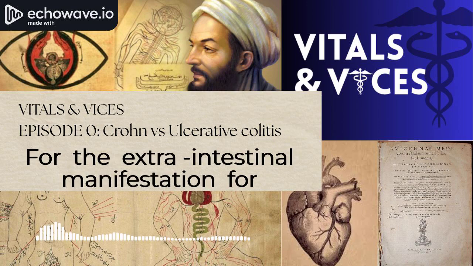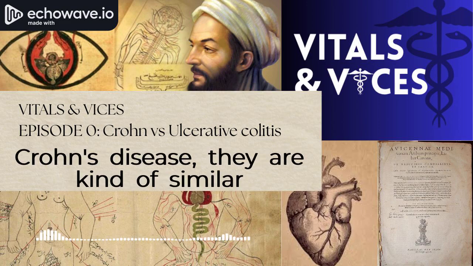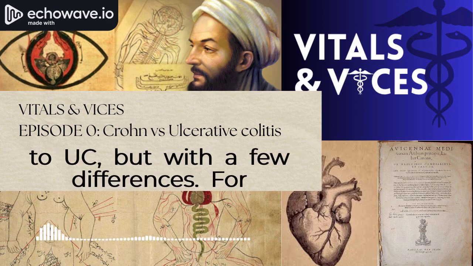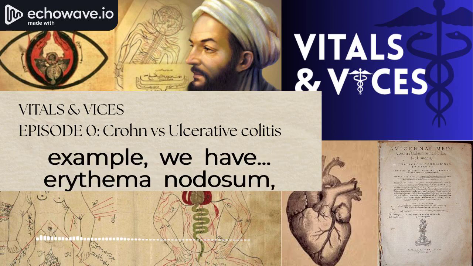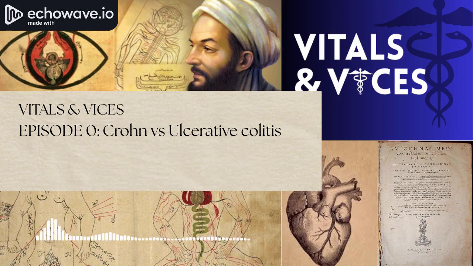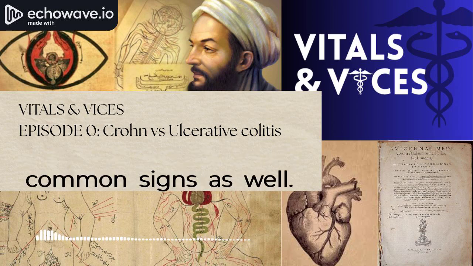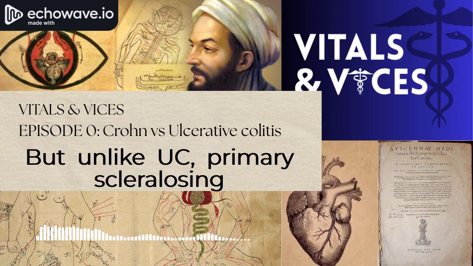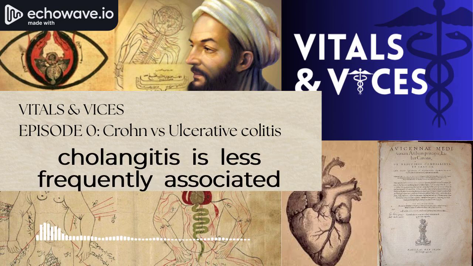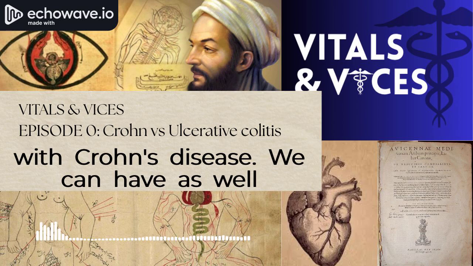For the extraintestinal manifestations of Crohn's disease, they are kind of similar to UC, but with a few differences. For example, we have erythema nodosum, pyoderma gangrenosum, uveitis, and much more common signs as well. But unlike UC, primary sclerosing cholangitis is less frequently associated with Crohn's disease.